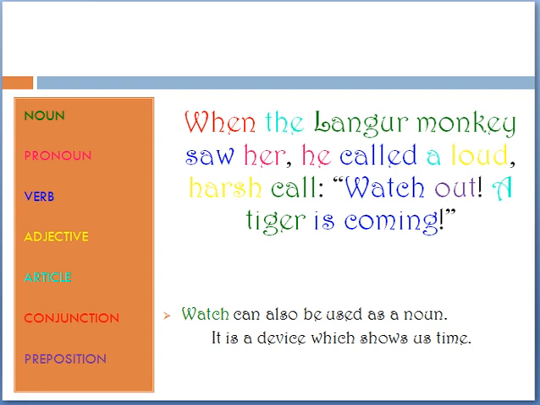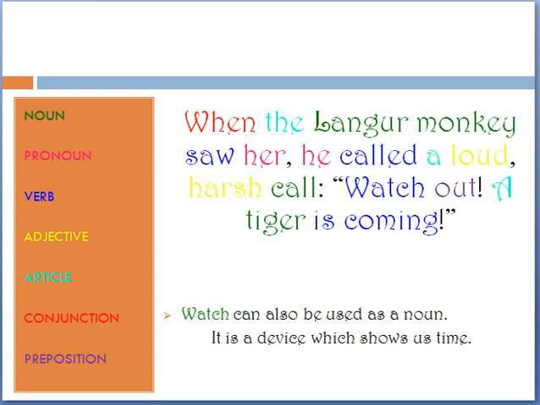But watch can also be used as a noun, where it would mean a device that shows us time. So here the langur monkey is calling to do an action. Which action? To watch. That means watch is a verb because it is an action.